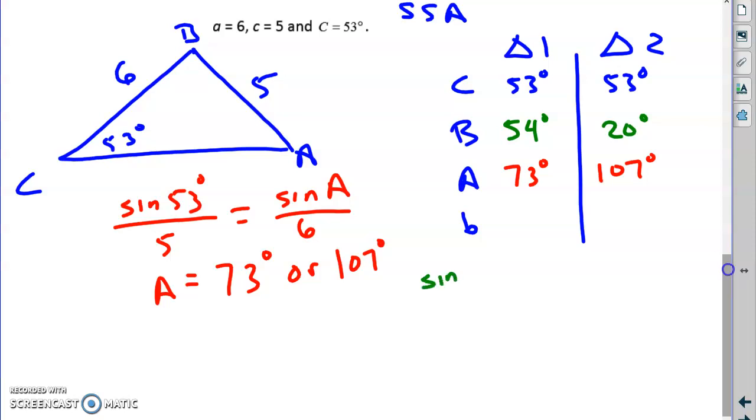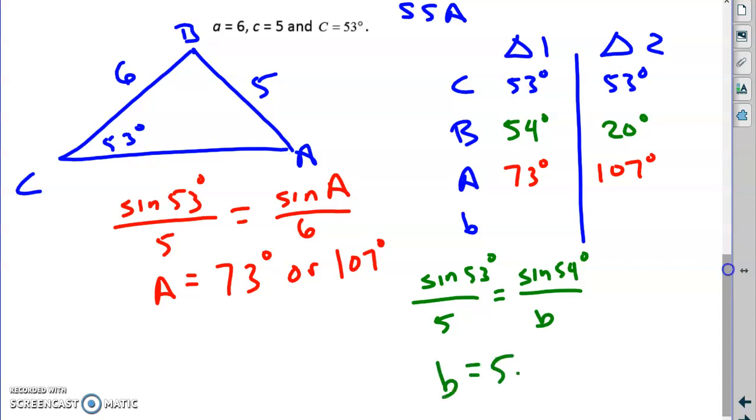Sine 53 over 5 equals sine 54 over B. Cross multiply. B equals 5.1, which makes sense since 53 and 54 are so close to each other. I would expect side B to be very close to 5.